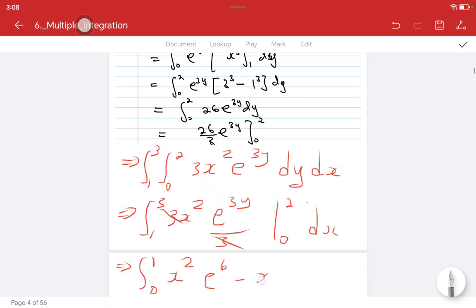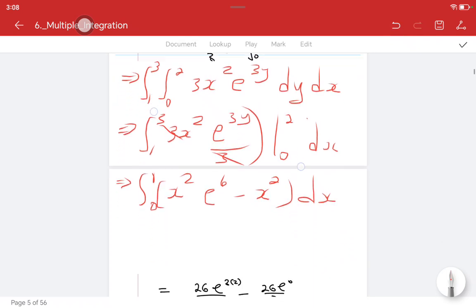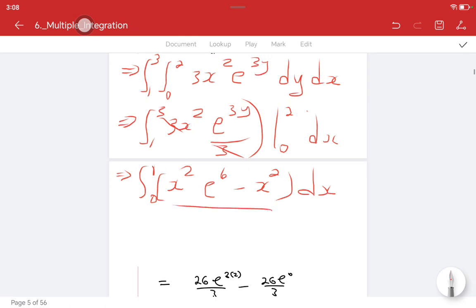Minus, this will be x squared, e to the 0. That e to the 0 can just be 1. Then I close that. Then I can just integrate this one. So with this, it will be simple.